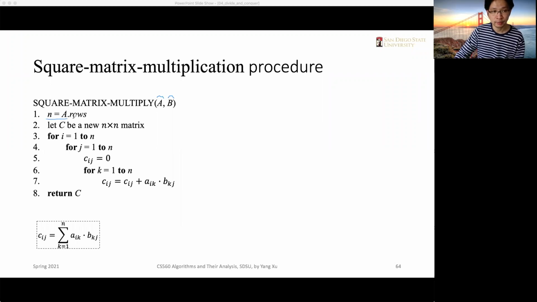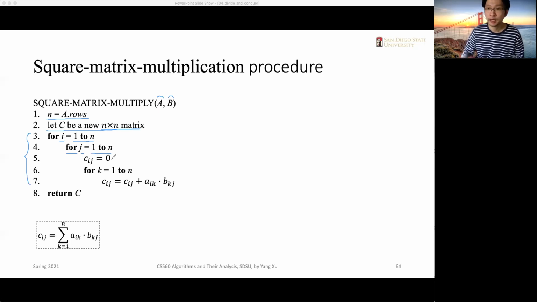We record the number of rows, and in line 2, we allocate some space from memory to store the results. Within the main body of this code, we can see it's a triple for loop, right? The outermost for loop uses the loop counter i to iterate from 1 to n. The second layer is another for loop that uses j to iterate over 1 to n, right?